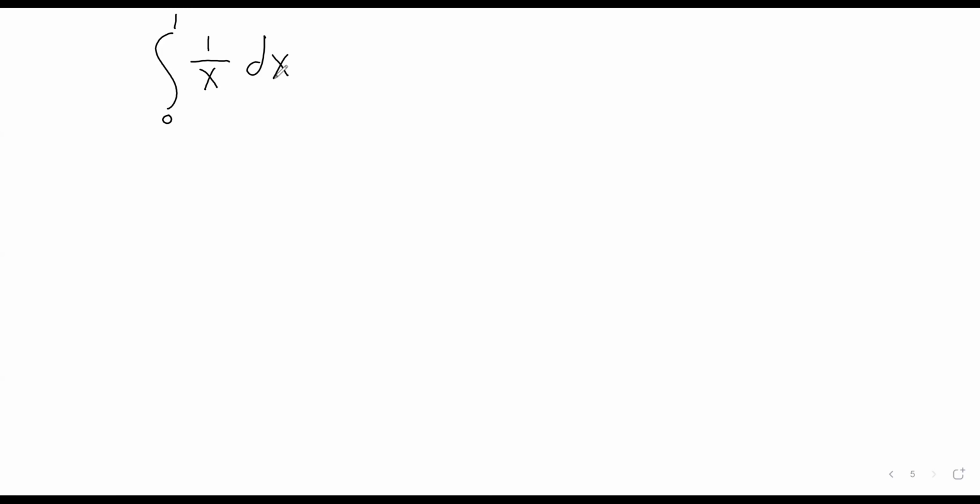Here is an infinite region with an infinite area. And to see that, we start by recognizing that this is an improper integral. If we let x be 0, we get a division by 0 error.